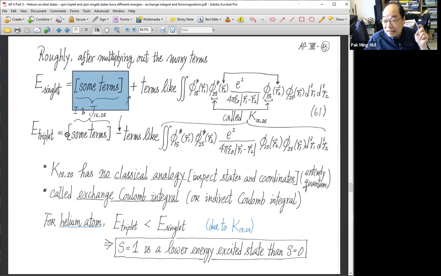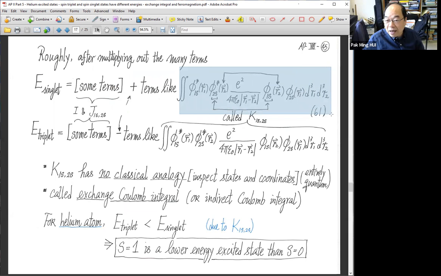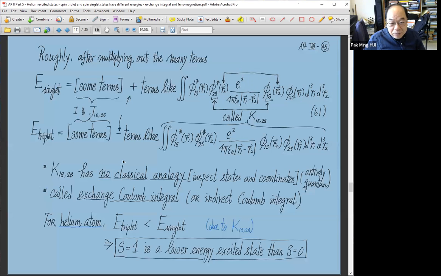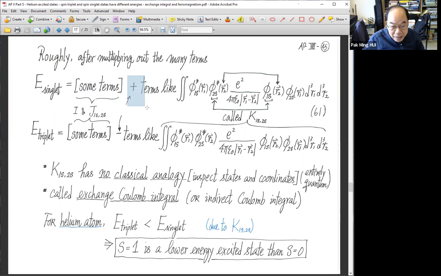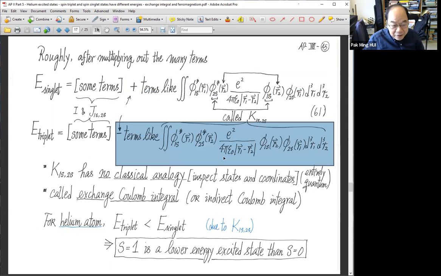So they are not the key elements that will separate the energy. The key things that will separate the energy are this kind of exchange energy terms. Okay? You will see something like plus these terms and minus these terms. And that is what makes the triplet and singlet energy different.